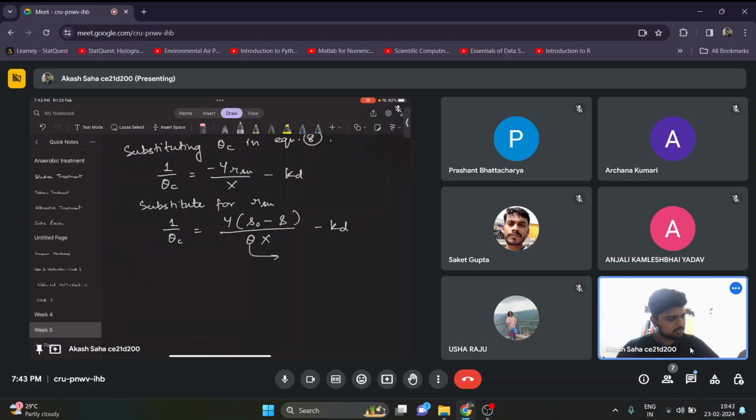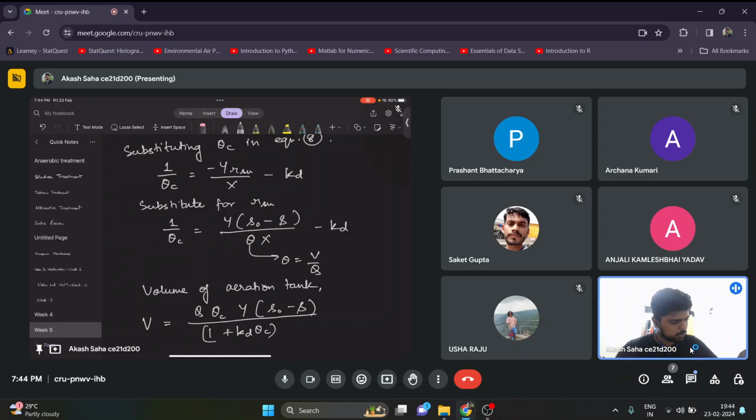we can again use theta is equal to V by Q. So finally we can find out the volume of aeration tank. The volume of aeration tank V, we will finally get as Q theta c Y into S naught minus S divided by 1 plus kd theta c into x.